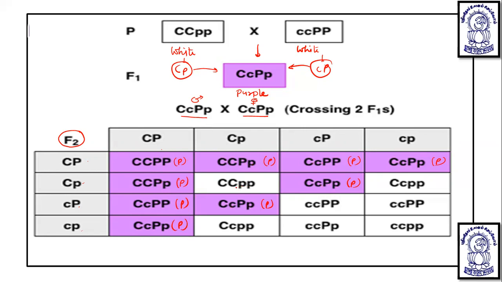So if any one is recessive, then you can see they are going to produce white color. So what this shows is, when both C and P genes are present in dominant form, then and only then will anthocyanin pigment be synthesized, and only then will purple color be obtained.